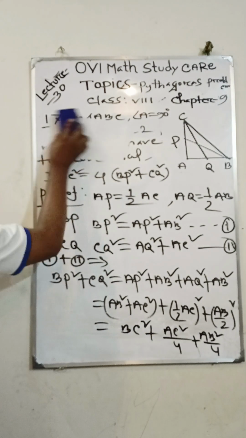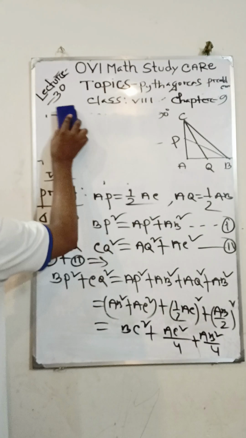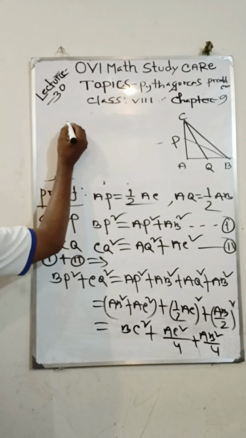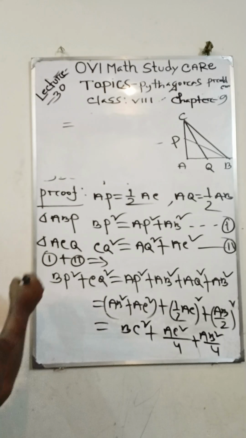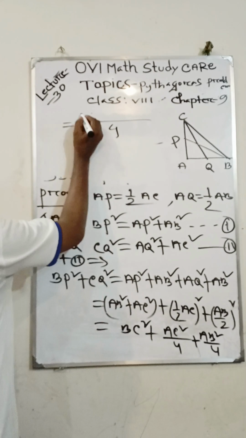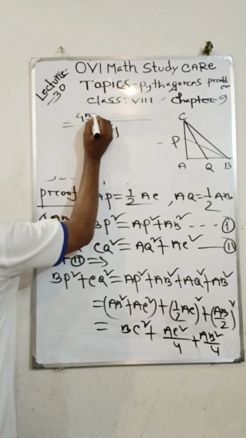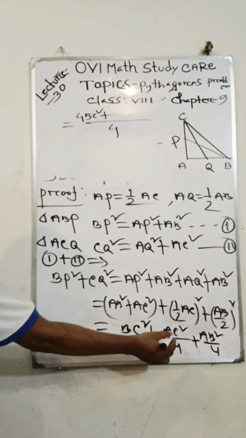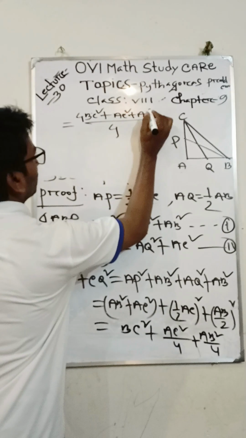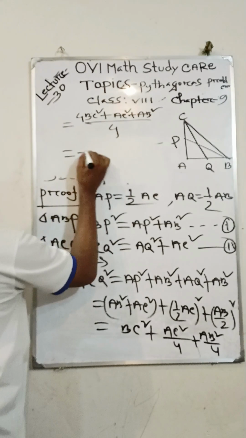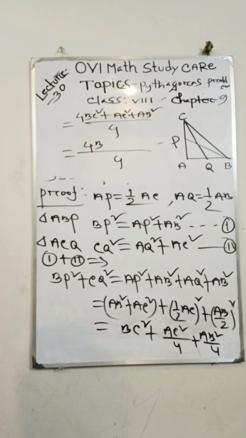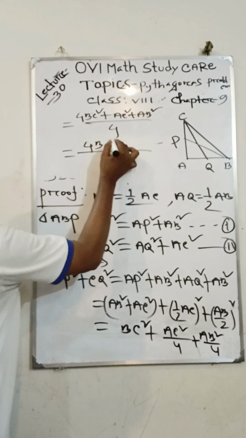Now students, our next line: if we take the LCM, it will be 4BC square plus AC square plus AB square over 4.